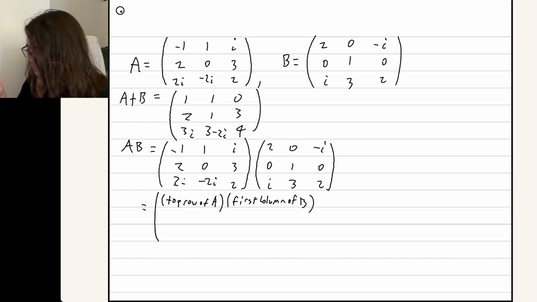So it's pretty much just a dot product of those, treating the top row of A as a vector and the first column of B as a vector, and taking the dot product of them.